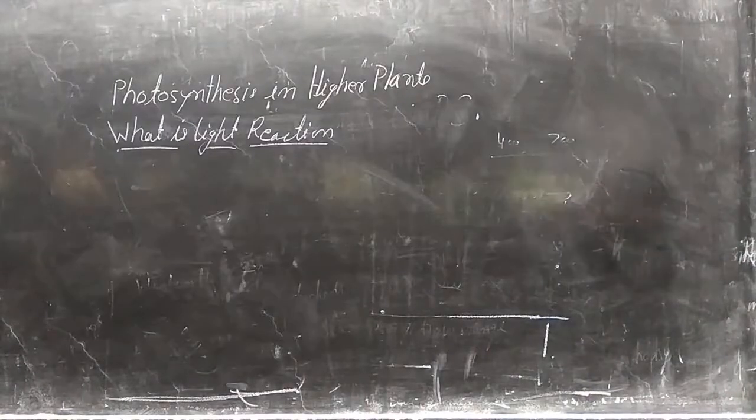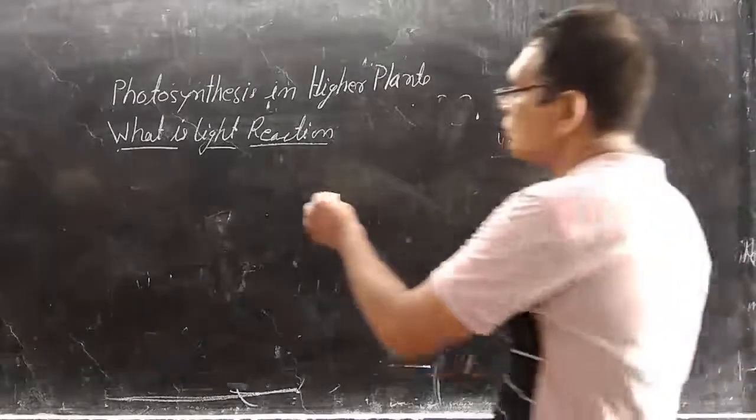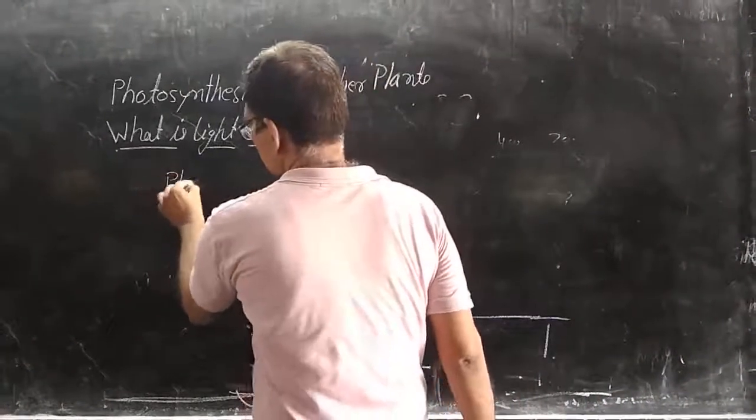What is light reaction? Light reaction is the photochemical phase of photosynthesis.